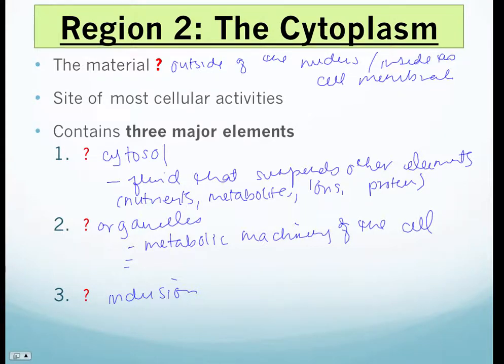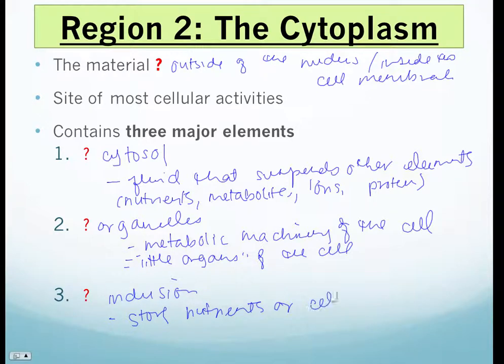And just like our body, we have organs. These are all considered the little organs of the cell. And then inclusions, these will store nutrients or cell products. Okay. So lipid droplets, glycogen granules.